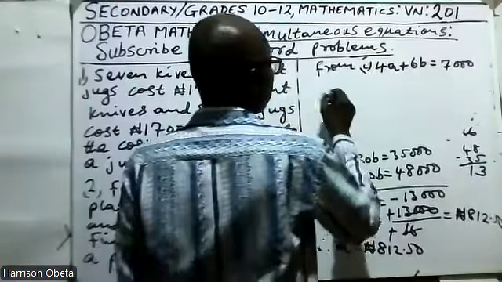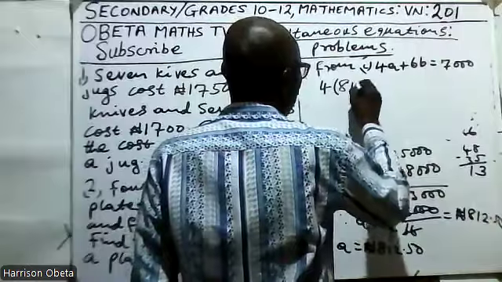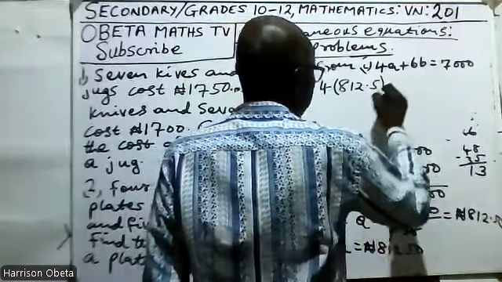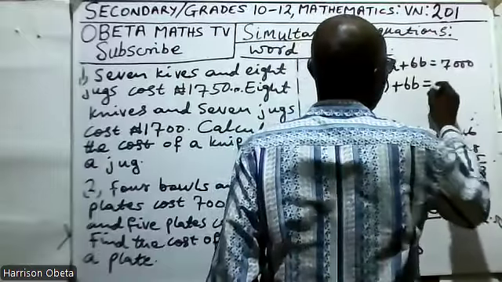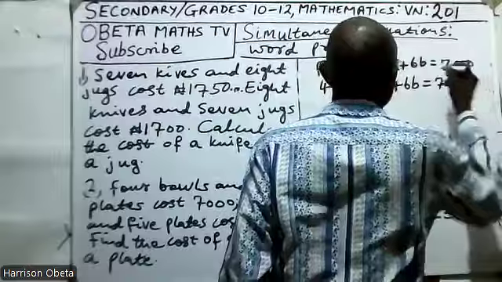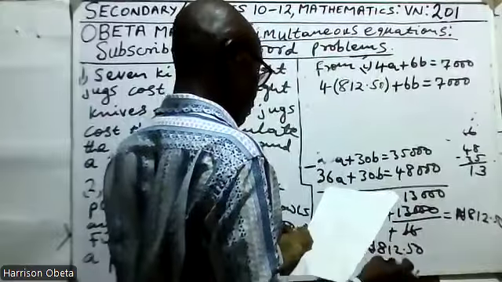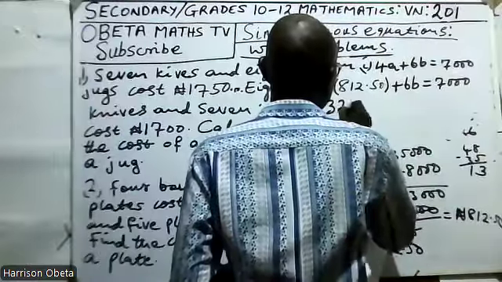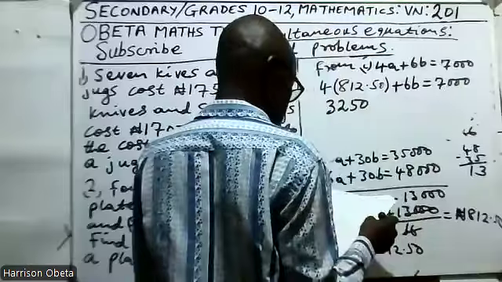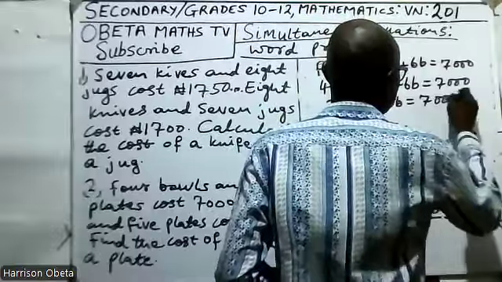So you substitute, that will give us 4 brackets 812.50 plus 6b equal to 7,000. And then you multiply out, that will give us 3250 plus 6b equal to 7,000.